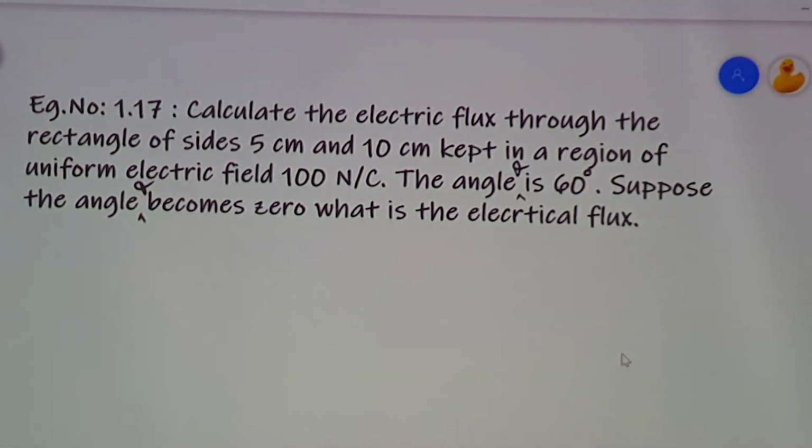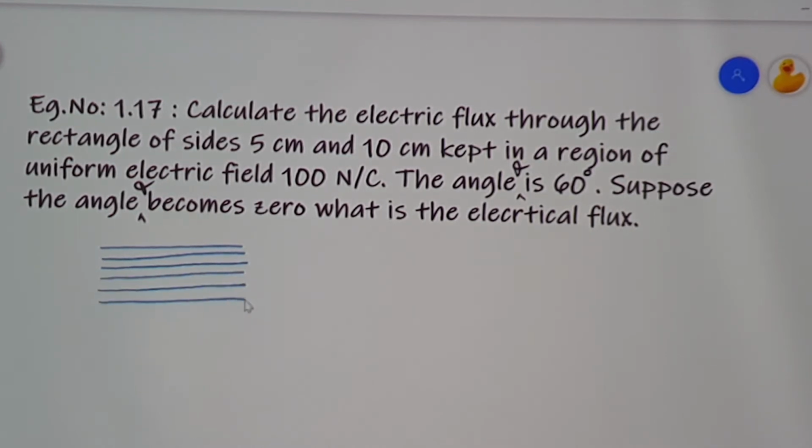Suppose this is first concept. The second one, suppose the angle becomes 0, what is the electrical flux? Two concepts, we can represent it with the help of a diagram. You are having a uniform electrical field, represented by drawing parallel lines.